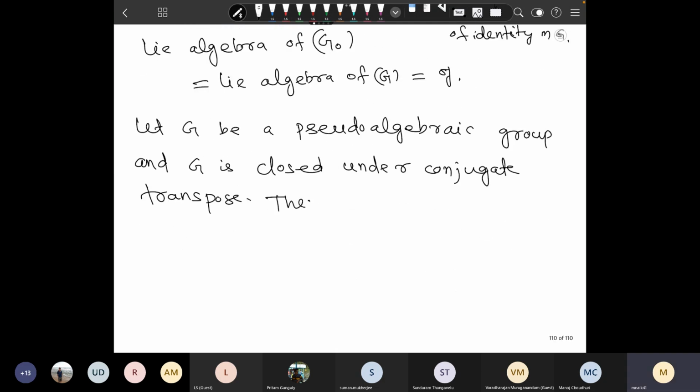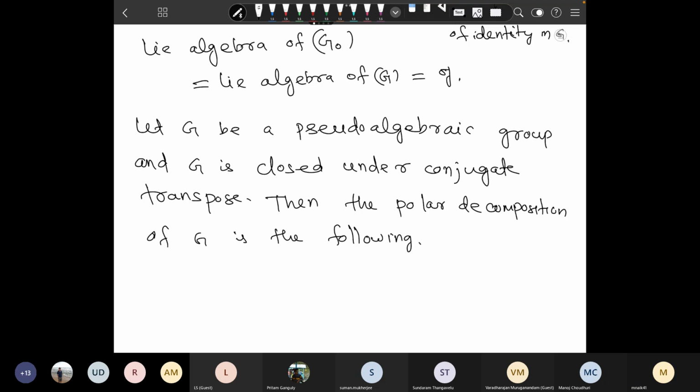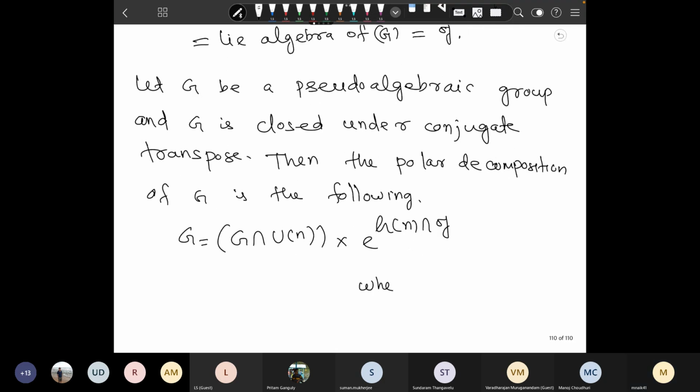Then the polar decomposition of G is G equal to G intersection U(n) times e to the power of (H(n) intersection 𝔤) where 𝔤 is the Lie algebra of G.